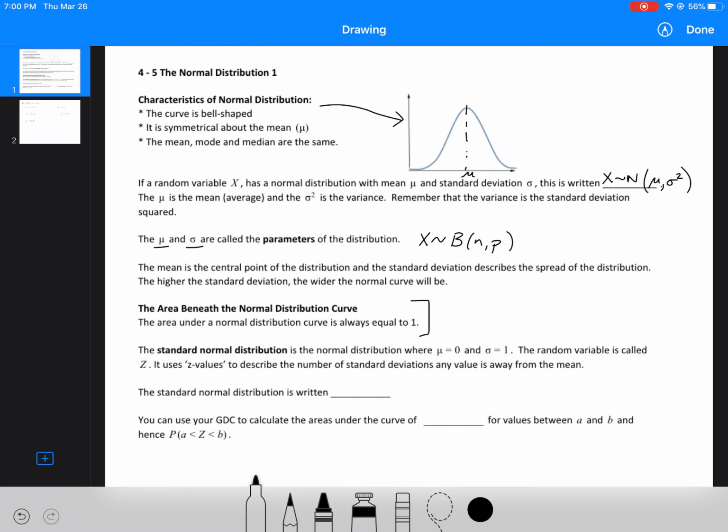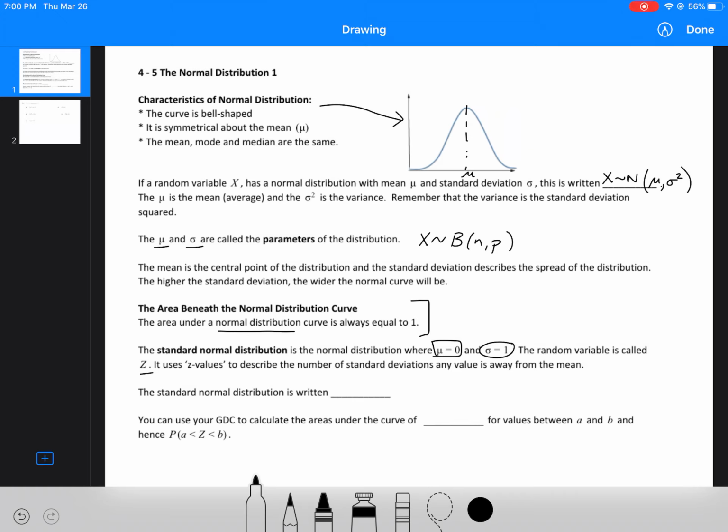The area under a normal distribution curve is always equal to 1. And the standard normal distribution is the distribution where the mean is 0 and the standard deviation is 1. The random variable is called z when you're working with the standard normal distribution.